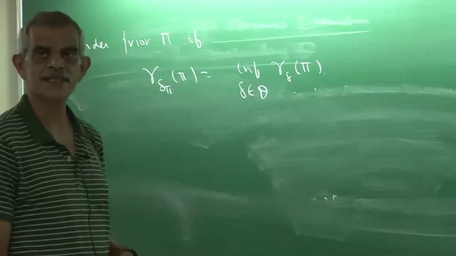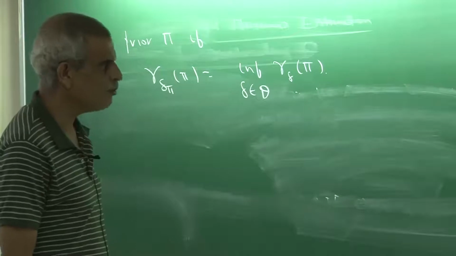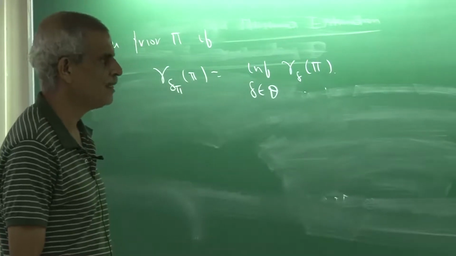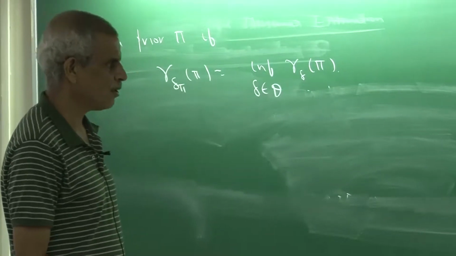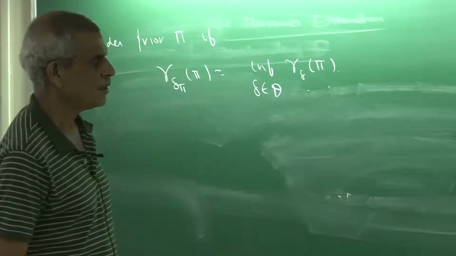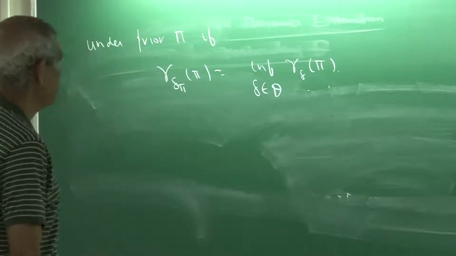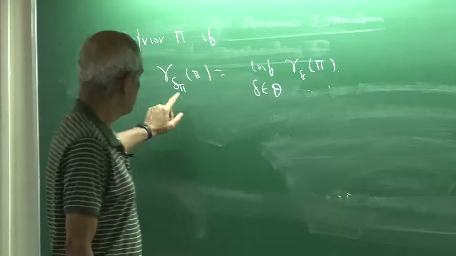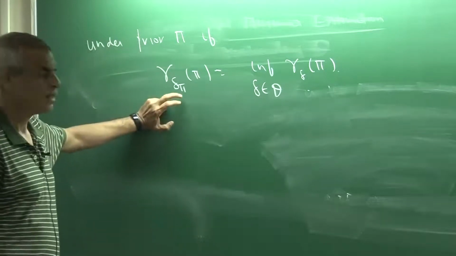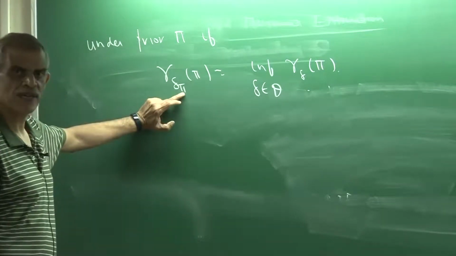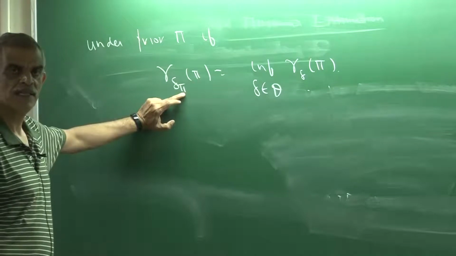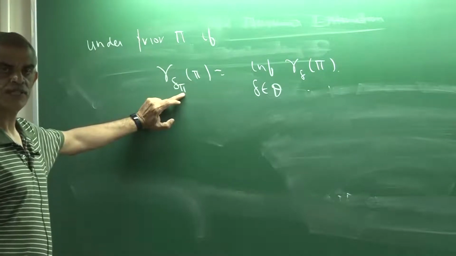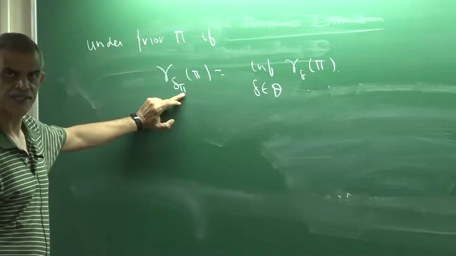Now, this in certain situations may be possible. In fact, in most situations you may be able to find the Bayes decision rule or the Bayes estimator under a prior pi. Note that I have put a pi over here just to emphasize the fact that a Bayes estimator depends on what prior you are considering.